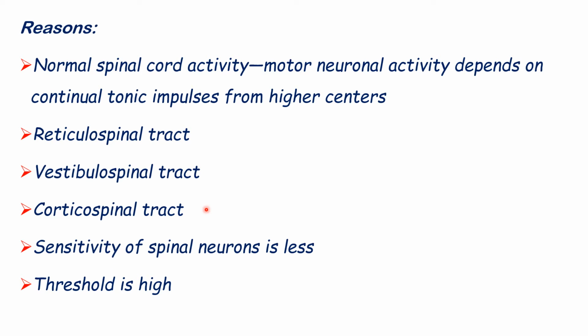So in a nutshell, what happens? The sensitivity of spinal neurons is less and the threshold is high. Why does it occur? Let us take an example. When you are completely being guided or completely fed with knowledge or any information, you don't want to seek the information.